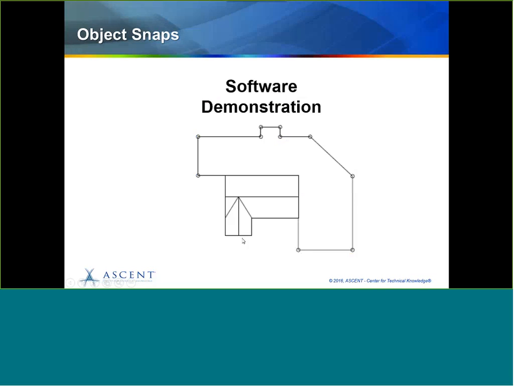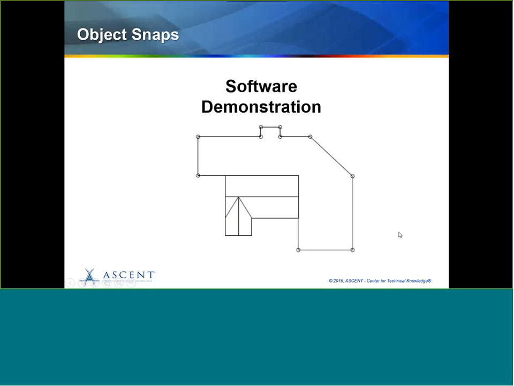What I will be doing is snapping to the endpoint of the house and then snapping to the center point of those posts to create this fence around the house. Then using the midpoint of the house, I will create the roof lines, and also use the perpendicular object snap. I'll be using another midpoint here, and then the extension object snap. This line we will be drawing as an extension of an object snap.